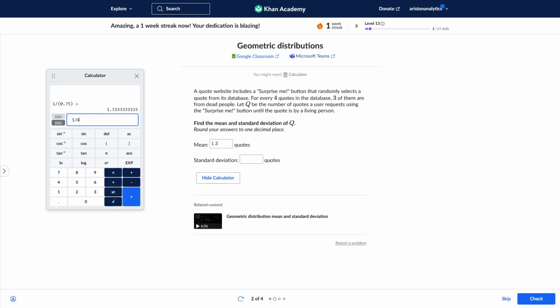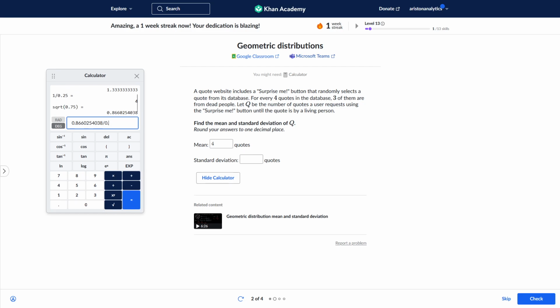No. Standard deviation would be... No, got it wrong. Eh, no, got it right.